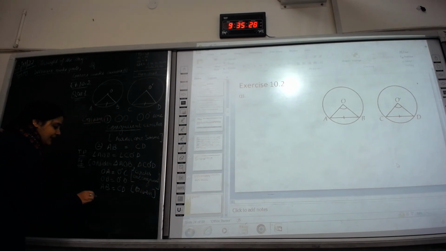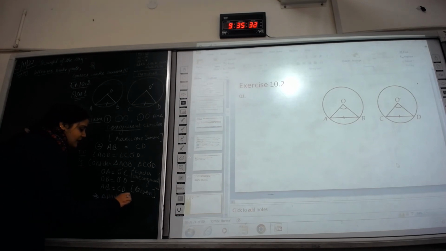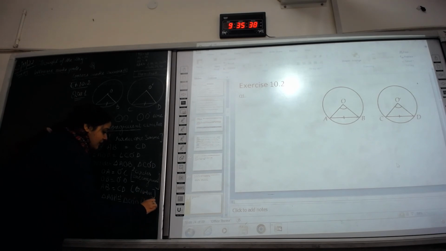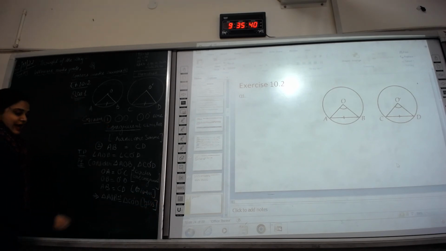So this implies triangle AOB is congruent to triangle CO dash D by SSS. By triple S. And hence we have what?